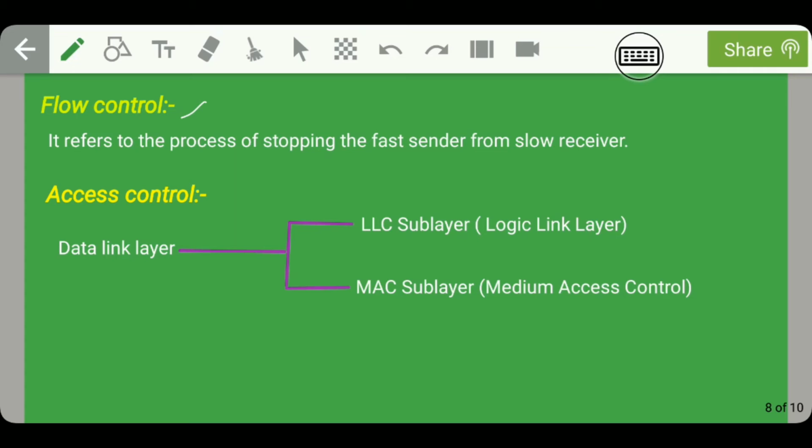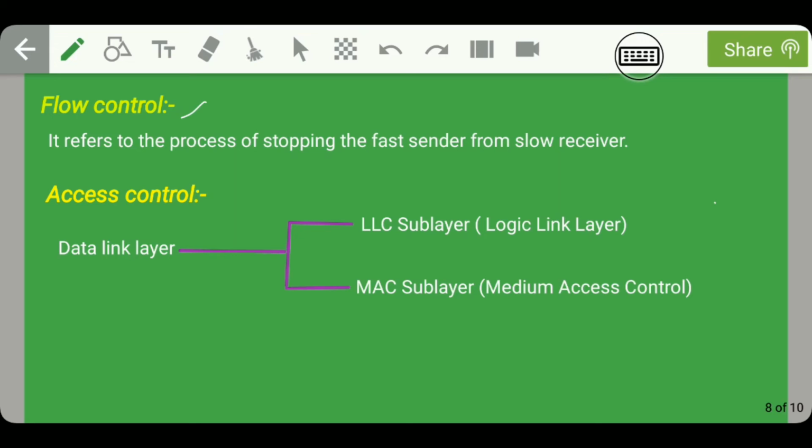But you people are receiver and you have some buffer size, and once that buffer size gets filled up, you need some break. Since your buffer size is full and still I am trying to transfer the data, whatever data you are about to receive will be dropped. Which means that you need some time to refresh your buffer and then you can accept some more data. So this is termed as flow control.